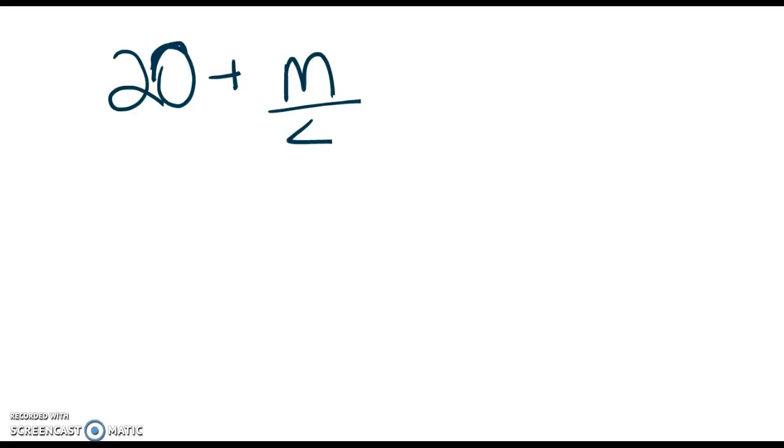If we had 20 plus m over 4, which is equal to 30, we right away see that we have two different operations.